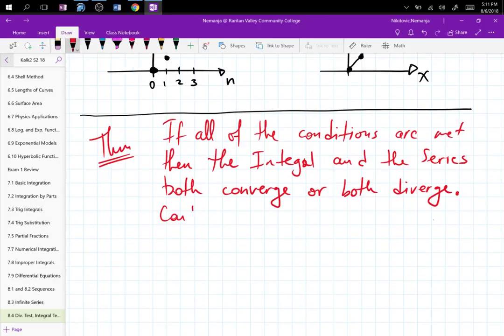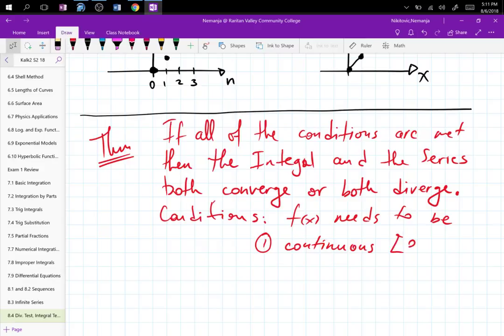Conditions. Okay, let's rephrase this. Conditions: the function f of x needs to be, and here we go, number one, continuous on a to b.